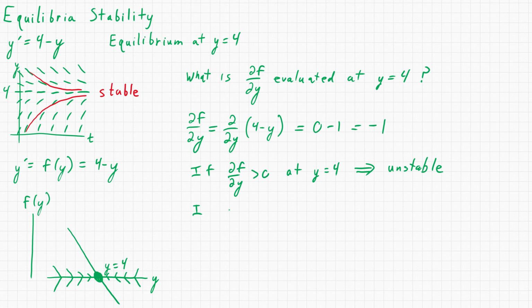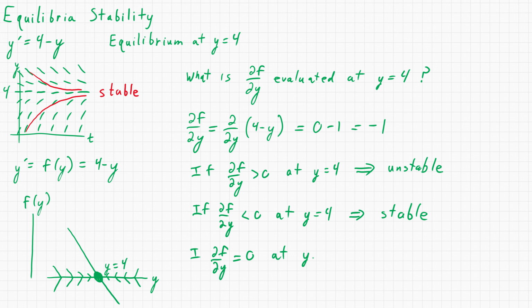And then if partial f partial y is less than 0 at y equals 4, that's going to mean it's stable. And if partial f partial y is equal to 0 at y equals 4, then you're inconclusive. You don't know if it's stable or unstable or semi-stable. Inconclusive.